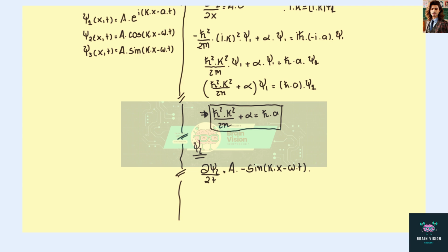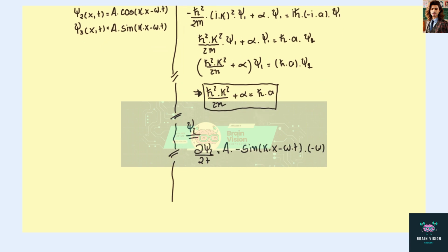Then we get a factor of minus omega coming from that derivative. And this is equal to, well, minus with minus gives plus, so a times omega times the sine of k times x minus omega times t. This is the time derivative of psi 2 with respect to time.